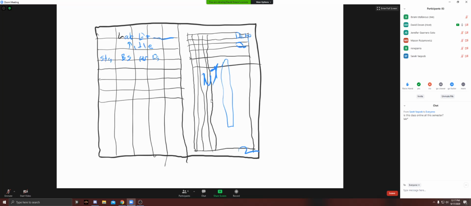Okay, so you're going to get this, then you're going to get another piece of blank paper, this with the same grid on it. Actually, I'm just going to erase the blue stuff on here.